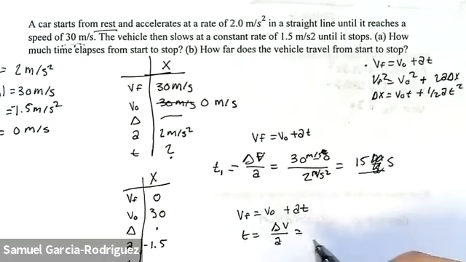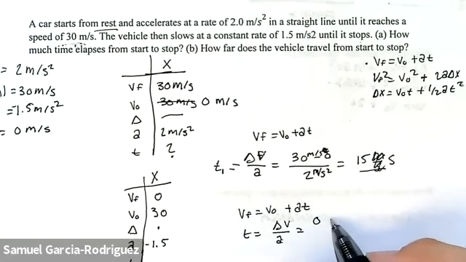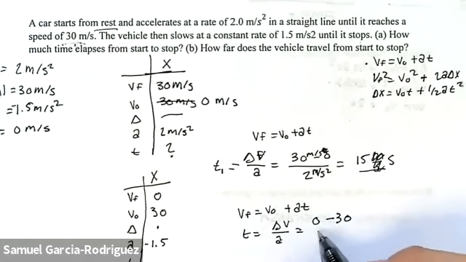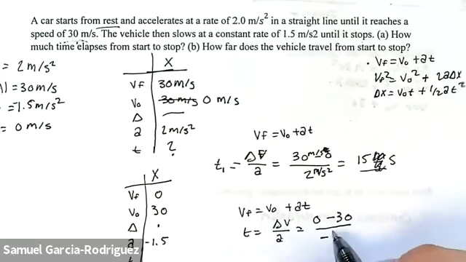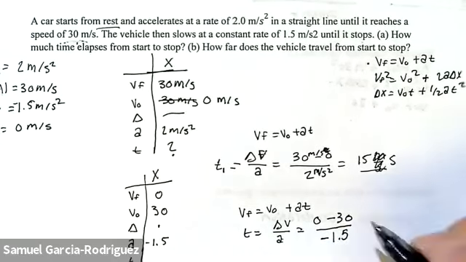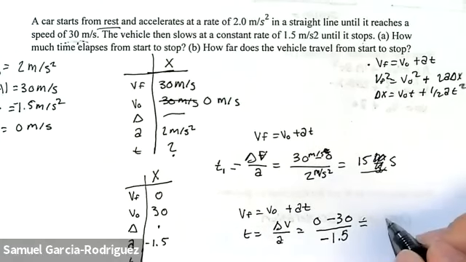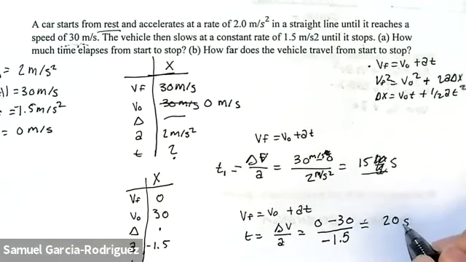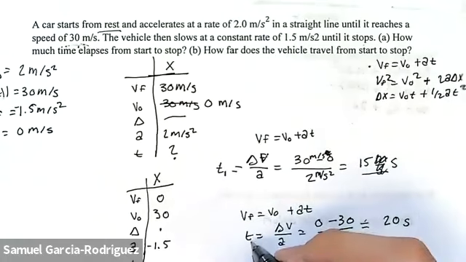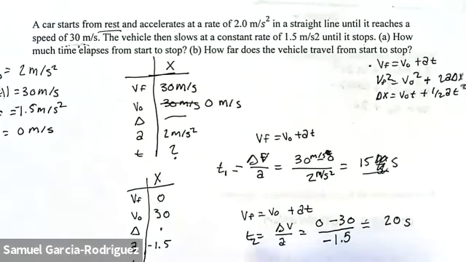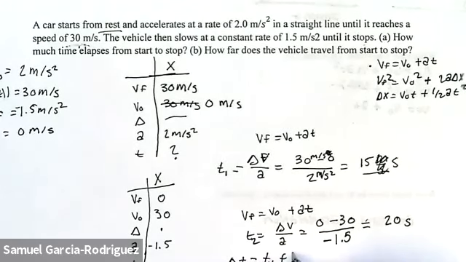So this is going to be final minus initial divided by our acceleration. That's going to be 30 divided by 1.5. That's going to be 20 seconds. Let's say we're just going to denote that as time 2. And I'm going to go ahead and write delta t is equivalent to t1 plus t2.